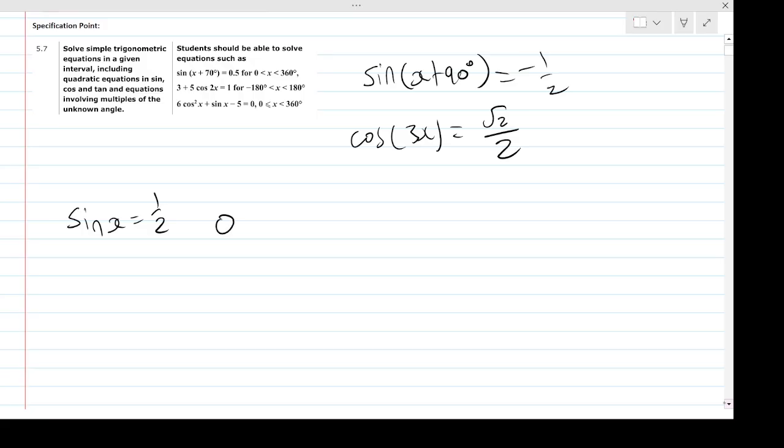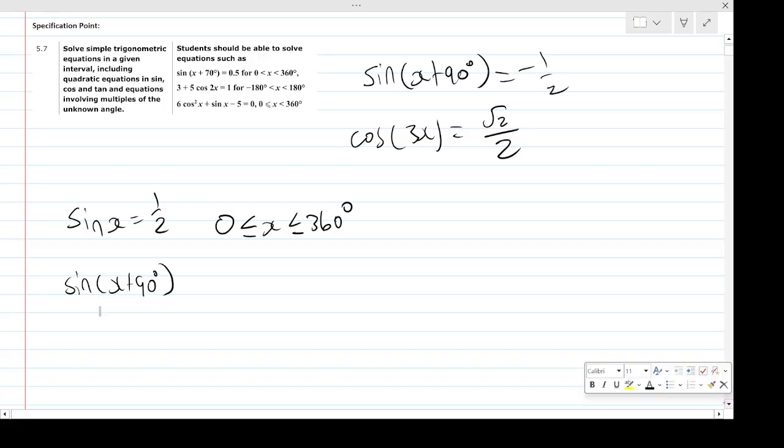For example, the common one is between 0 and 360 degrees. If instead we had sine of x plus 90, the input, or the domain, is changing. It's not just x, you have x plus 90, meaning that our range of values for x has to be changed as well to compensate for that.